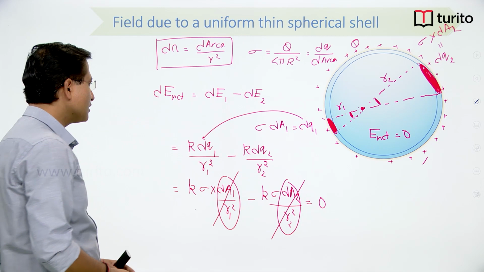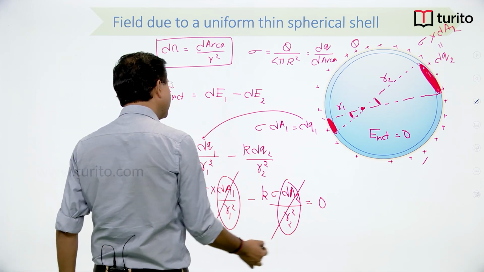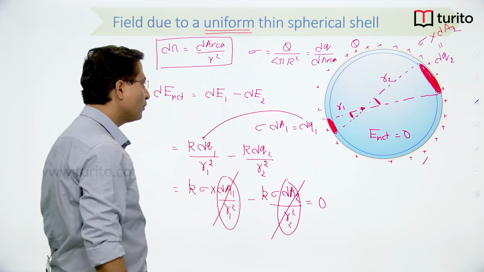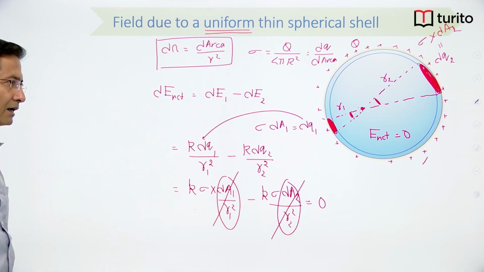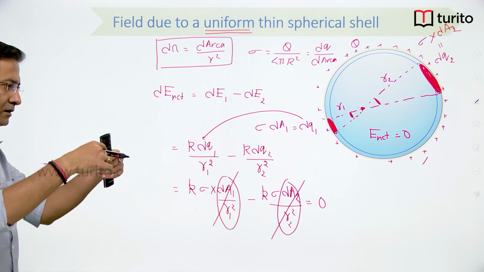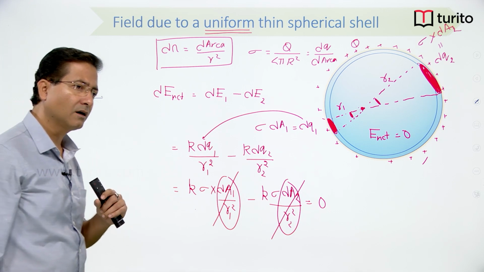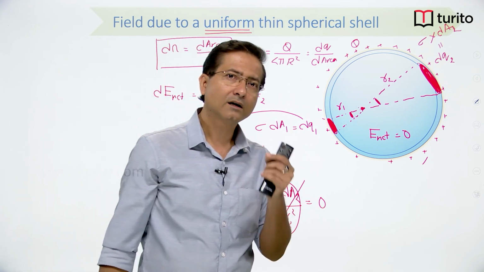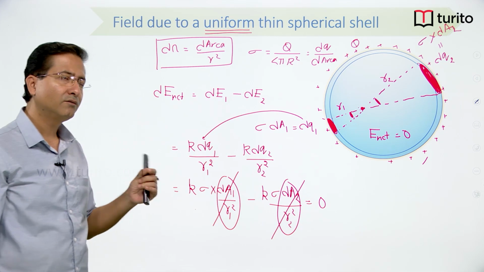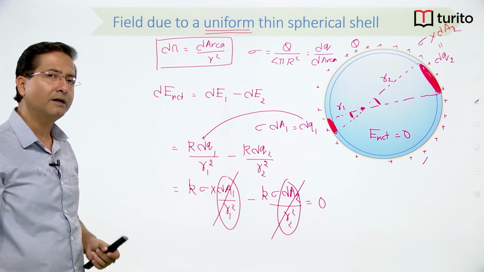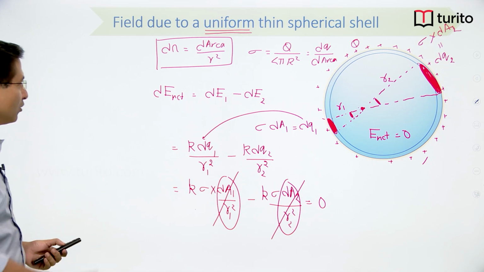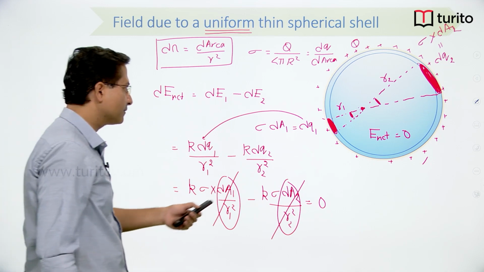So, this is valid only when charge is uniformly distributed. If charge is non-uniformly distributed, then again taking a ring on the surface and using sigma for the given distribution, we can find out the field at any point inside, right.